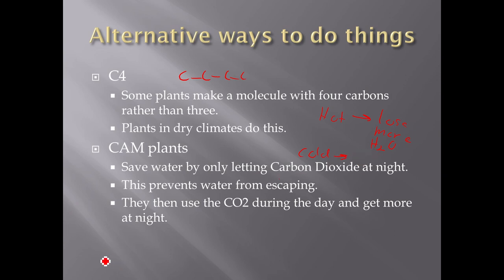So these CAM plants run their light dependent reactions during the daytime when there's sunlight, and they run their light independent reactions at night. This saves them the trouble of having to lose water during the daytime to let in carbon dioxide.